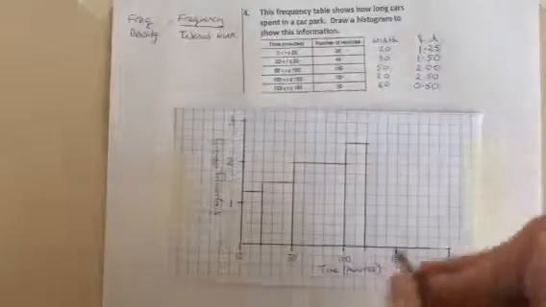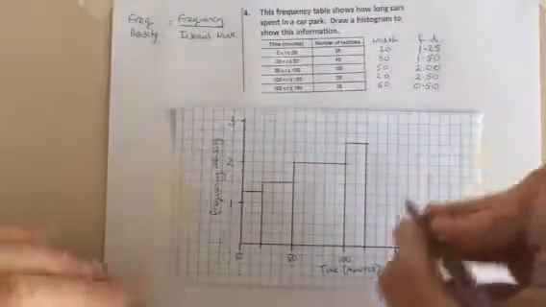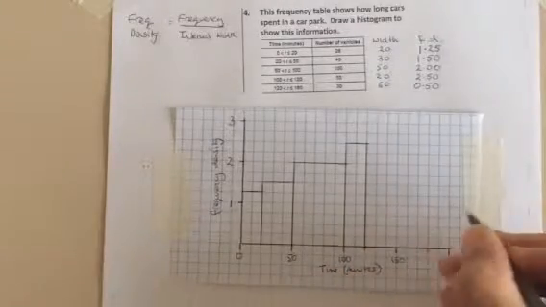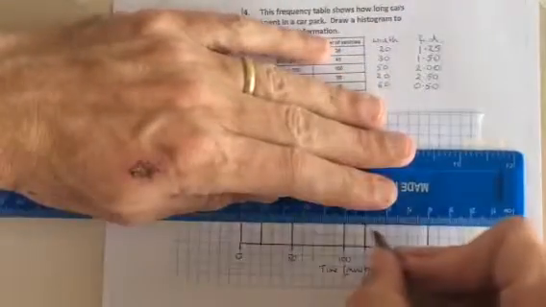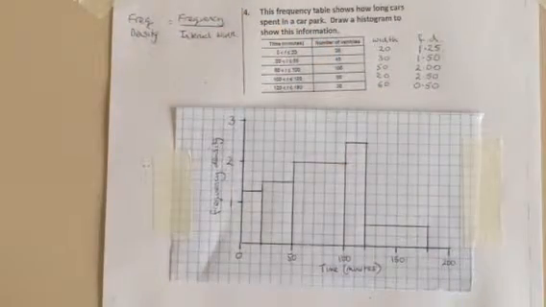And from 120 to 180, I've got a frequency density of 0.5, and that's going to be there. And that completes my variable width histogram.